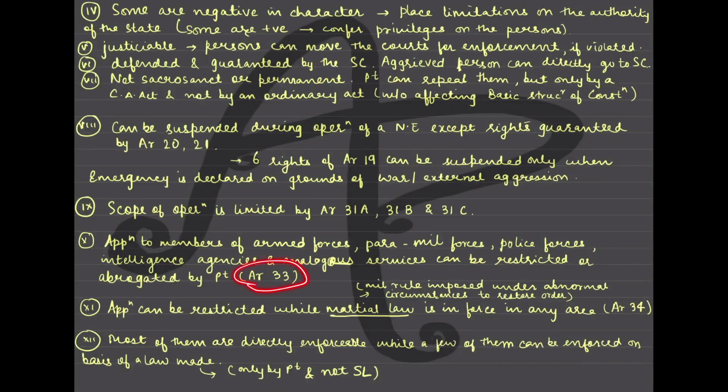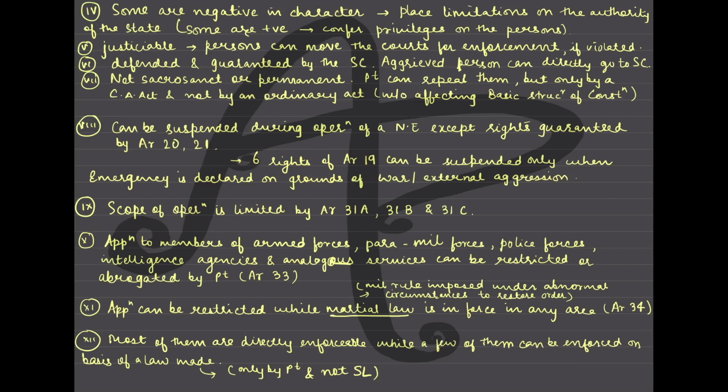Article 33 tells that the application of fundamental rights to certain classes of members, because these are all exceptional categories. Because in the beginning we have said that they are non-discriminatory, they are given to every person, etc. But as I also told you, there will be certain exceptions. So these are the exceptions, and therefore separate articles are dealing with that.